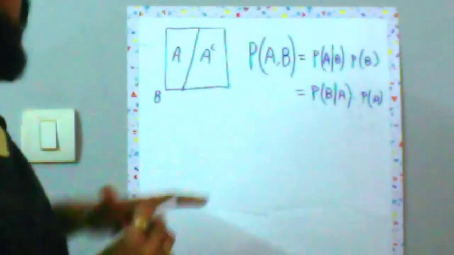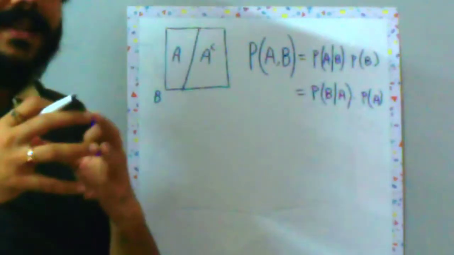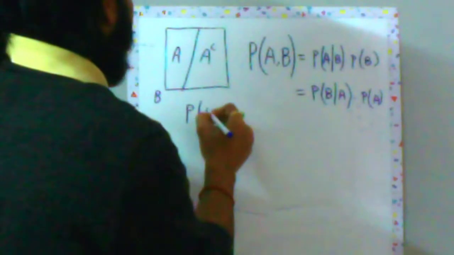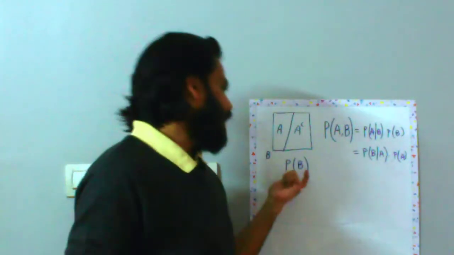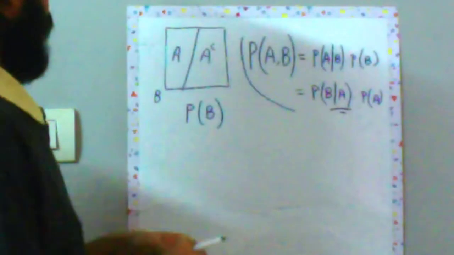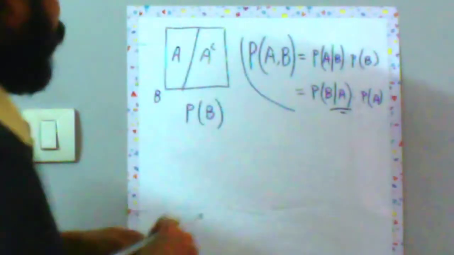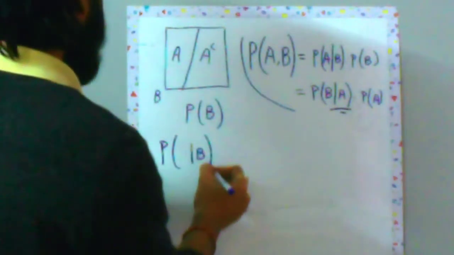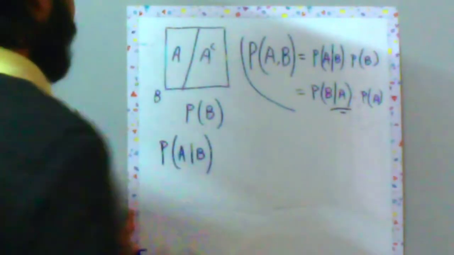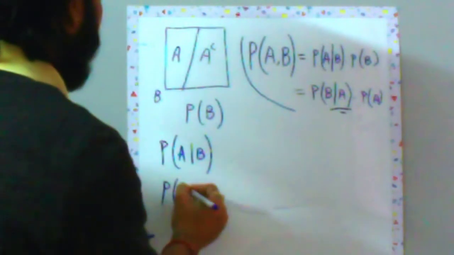Now, if you understand the idea of Bayes' theorem, there is a probability of B which is not directly considering event A or the complement of event A. Let us say we do not want P(B), but we want to know, given B has occurred, has it occurred because of A, or because of not A?